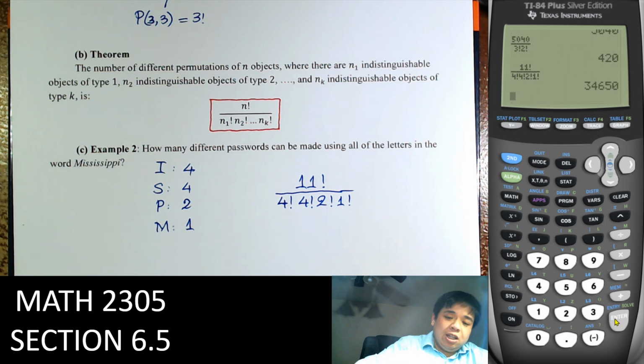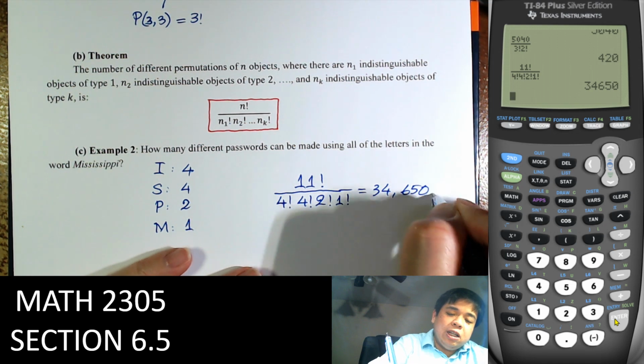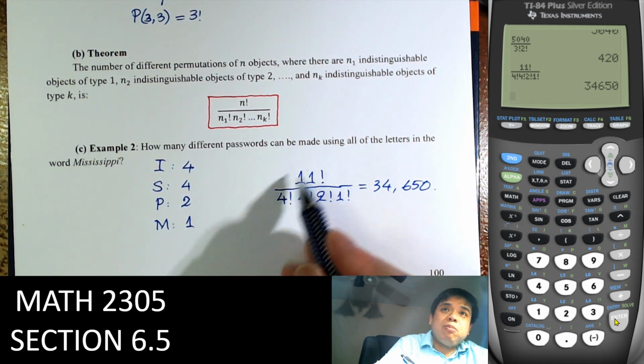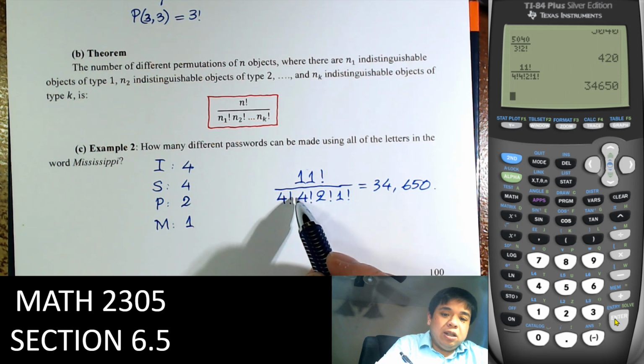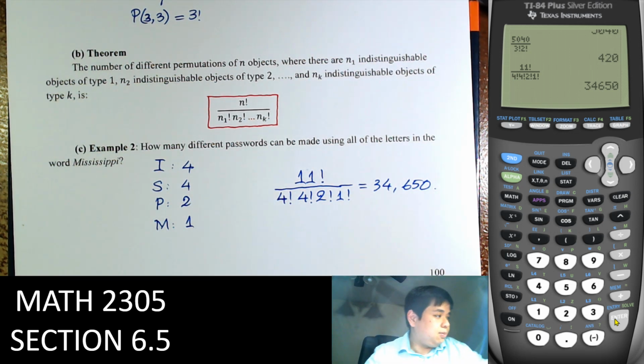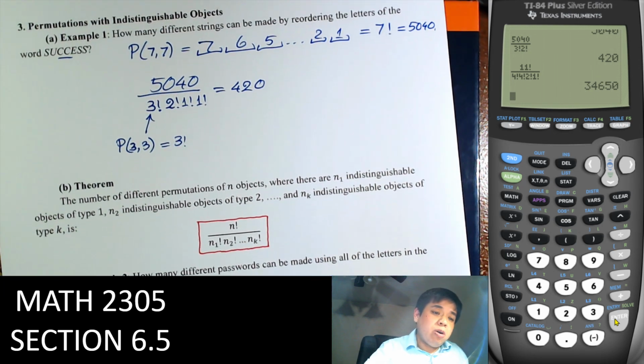So that is 34,650. We take how many choices we have total, over how many are repeated, and we have a factorial for each kind. So that is permutation with indistinguishable objects.